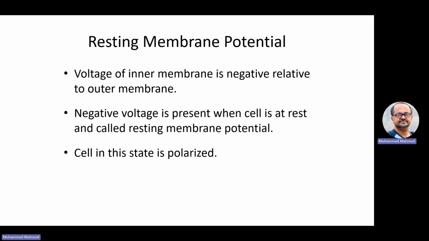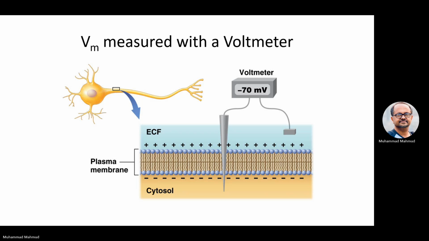So the inner membrane would be negative and the outer side will be positive. Negative voltage is present when the cell is at rest, and it is called the resting membrane potential, RMP. The cell in this state is polarized.